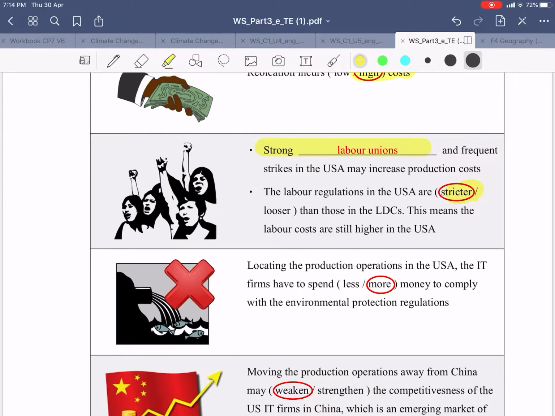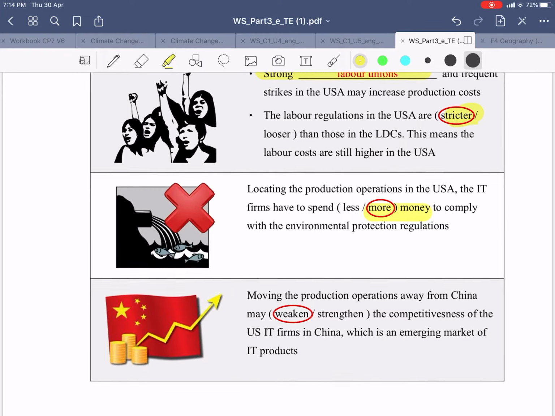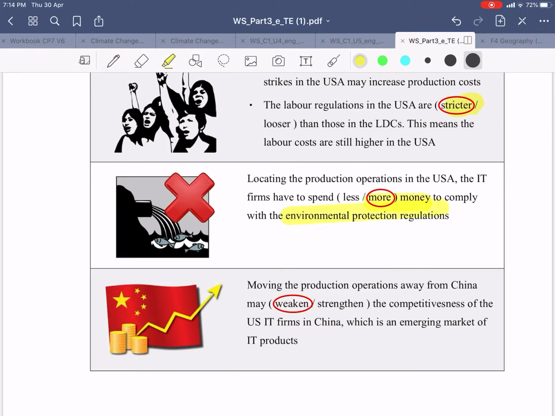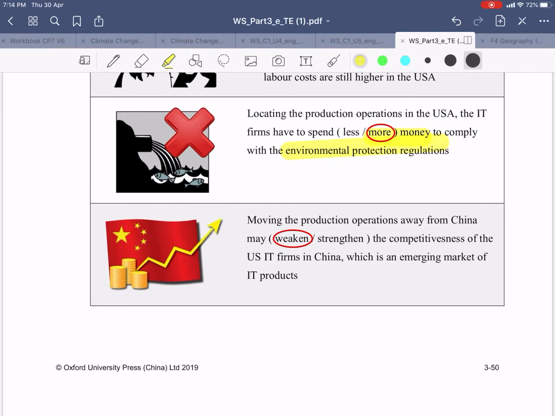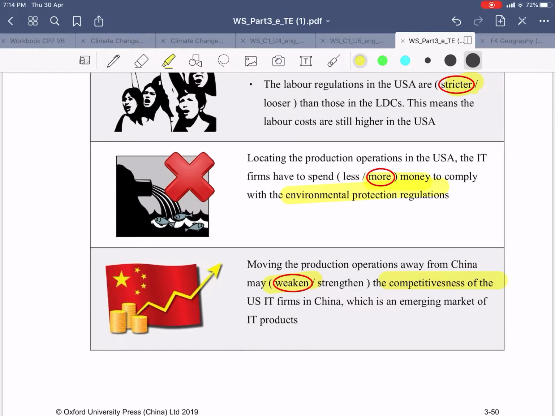The pollution control is strong, so they have to pay a lot of money as well. More production operations away from China may weaken the competitiveness of the US IT firm in China, which is an emerging market. Okay, it's also a market factor.